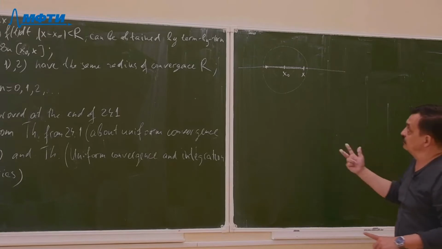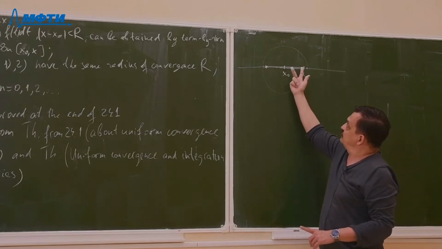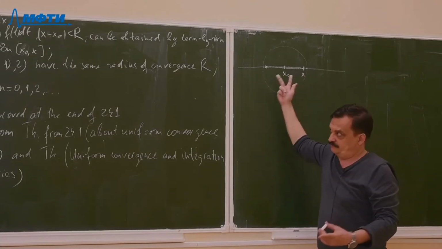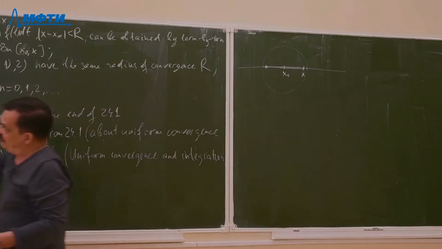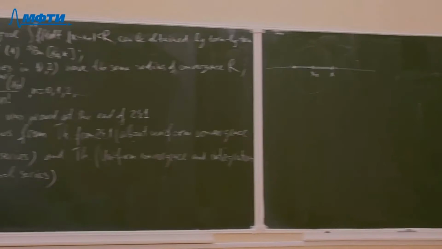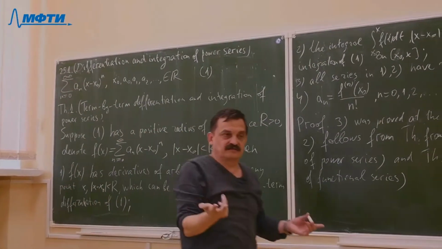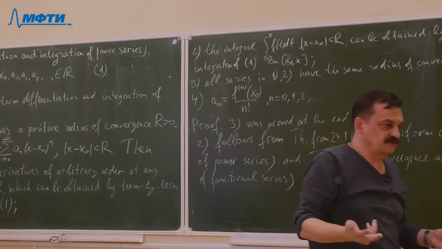So now, on the interval x naught x, we have a uniformly convergent series. Every function an times x minus x naught to the power n is integrable because it is continuous.